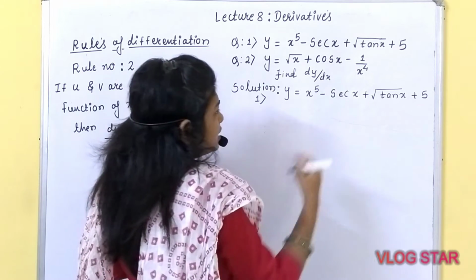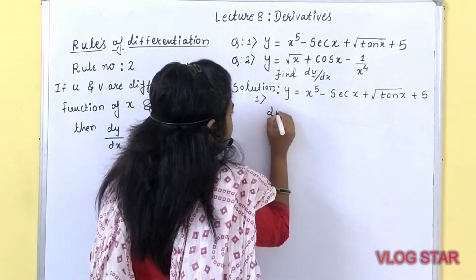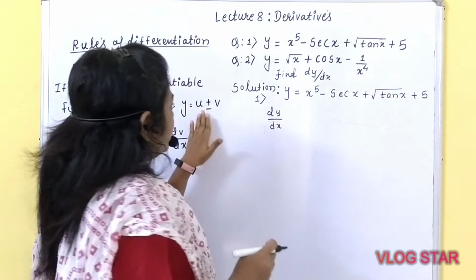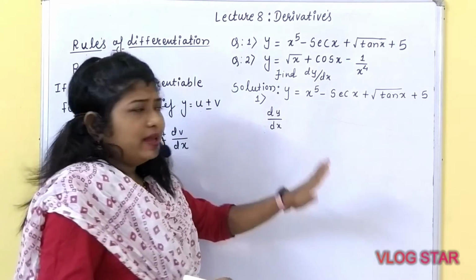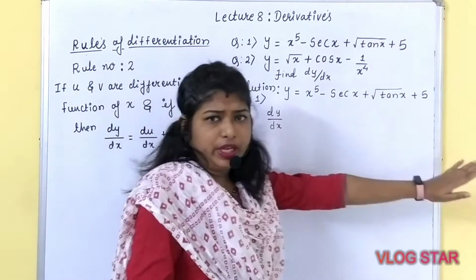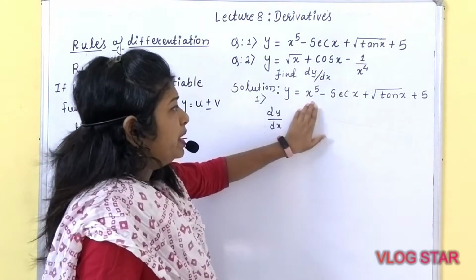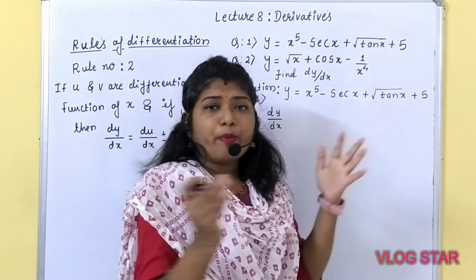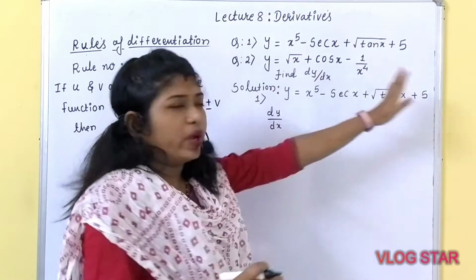The next procedure, as per rule number 2, is y is equal to u plus or minus v. You can observe carefully, the first term is the positive term, then a negative term. I have considered positive and negative terms in one question only.